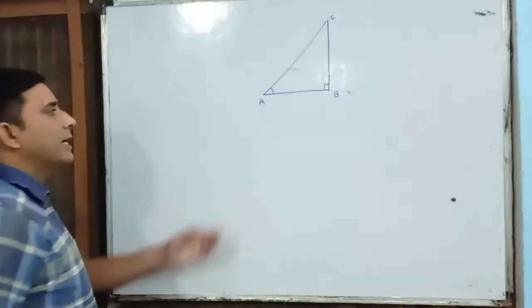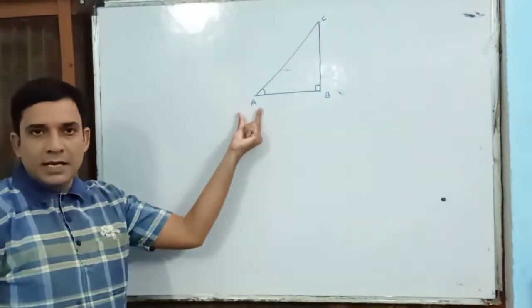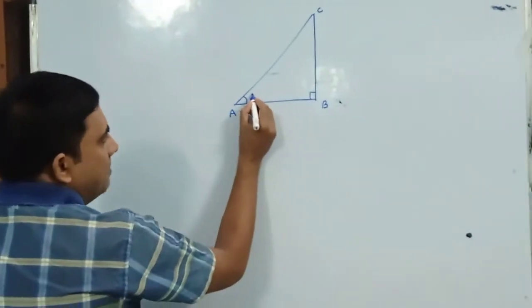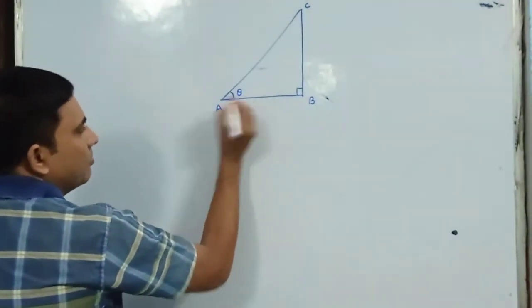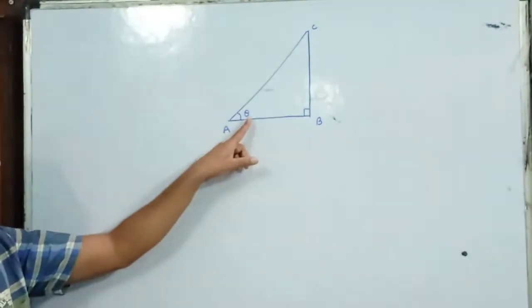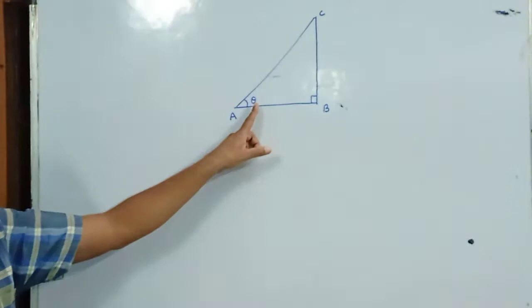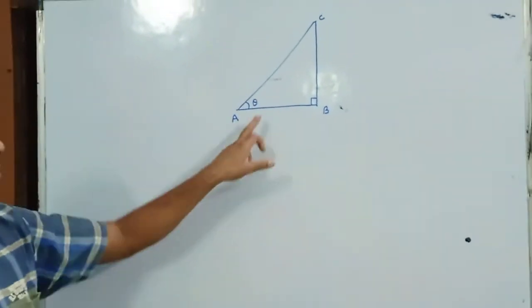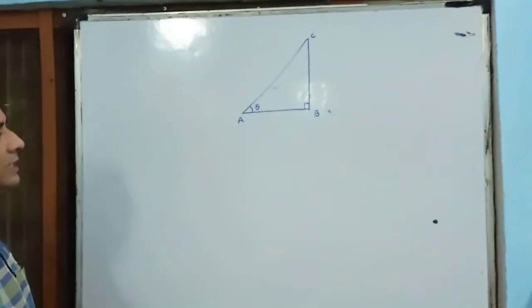You can take this angle as angle A, but for the time being I am taking it as theta. Theta is a Greek letter, mostly used to denote angles. So this angle I am taking as theta.